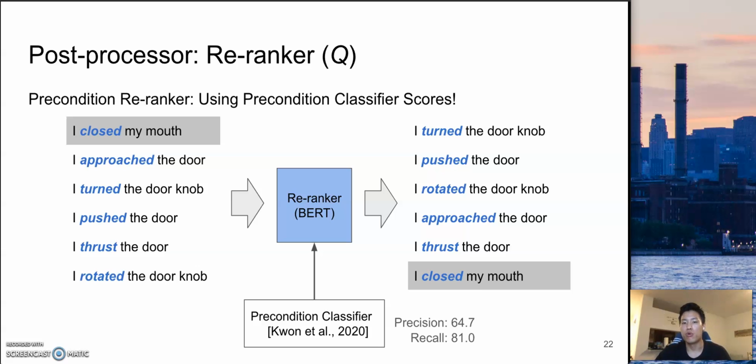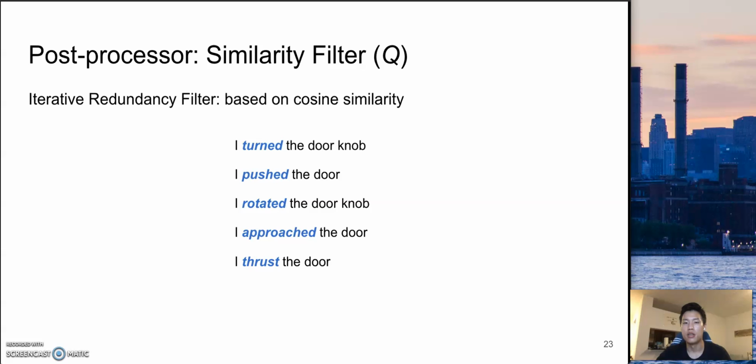This example shows the expected behavior of our ranker. As a result of our ranking, non-precondition text will be placed in lower rank. The next step is the similarity filter. The purpose of this step is to improve the quality of diversity by filtering out semantically similar precondition text.